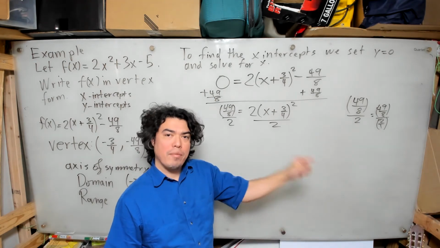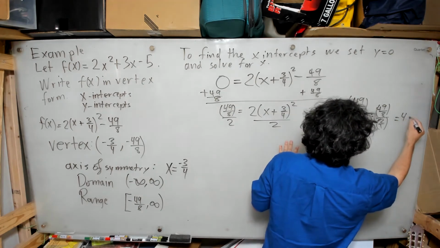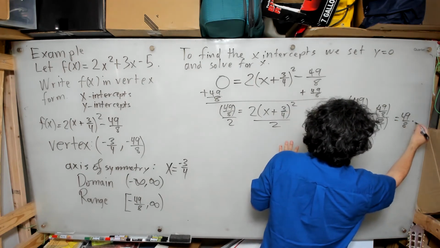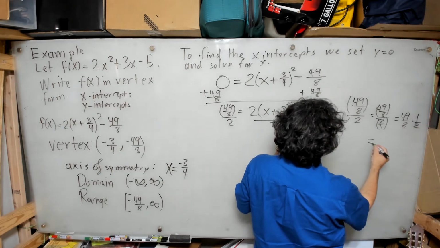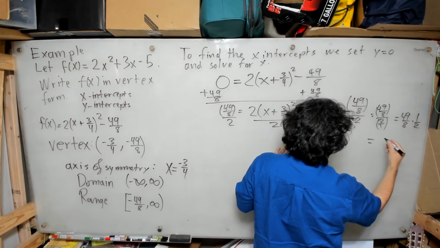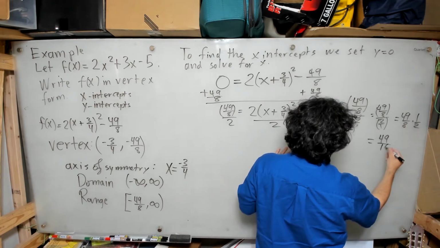Now, whenever we divide by a fraction, we multiply by the reciprocal. So this is going to become 49/8 times the reciprocal of 2/1, which is 1/2. And when I multiply those fractions, 49 times 1 will be 49. 8 times 2 will be 16.